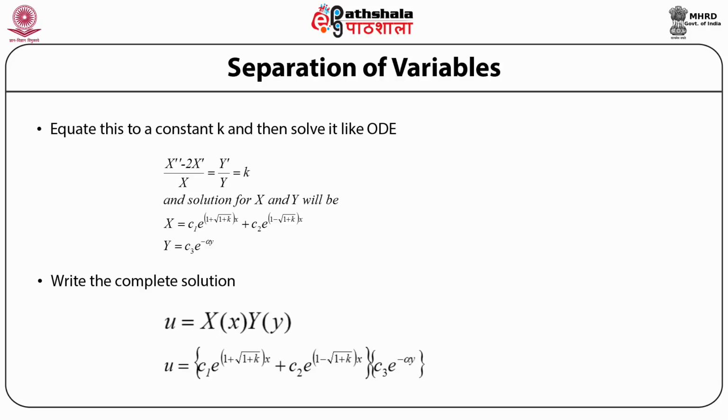Now, if you solve for X and Y, you can easily find that capital X is c1 times e to the power of (1 plus root of 1 plus k) times x, plus c2 times the same exponential with just the change of plus to minus. Then Y, similarly, is c3, a constant, times e to the power of minus k y. The whole solution is just the product of these two functions, u is equal to X times Y. That's what we have written.